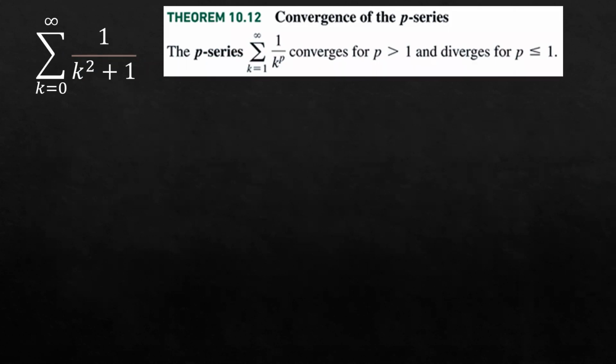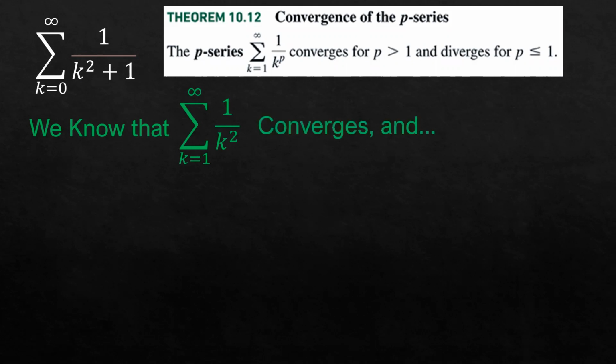So since we know that 1 over k squared converges, our job now is to show that the series we're looking at is smaller.